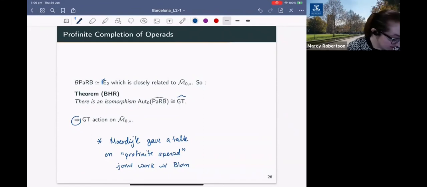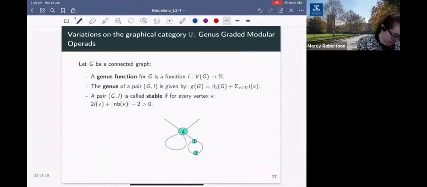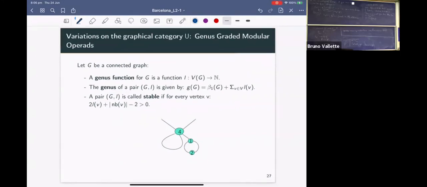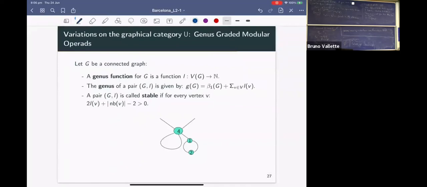So with that, I'll take a bit of a hard turn, and I promised I would tell you about all of your favorite variations on infinity modular operads, to make this a full survey talk. A lot of us read about modular operads, and the one I'm familiar with is from Getzler and Kapranov, defined as genus graded.